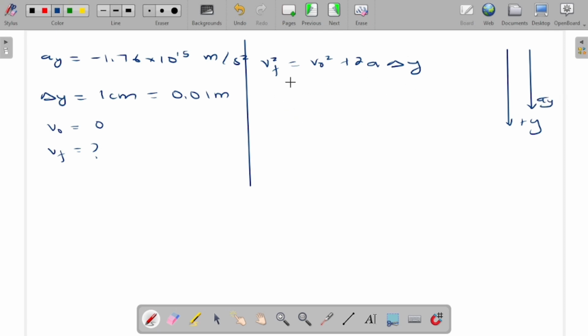Alright, let's just plug in. V final is what we are looking for. V initial is 0. 2 multiplied by, our acceleration is negative. Are we going to write it as negative or positive? That's positive.